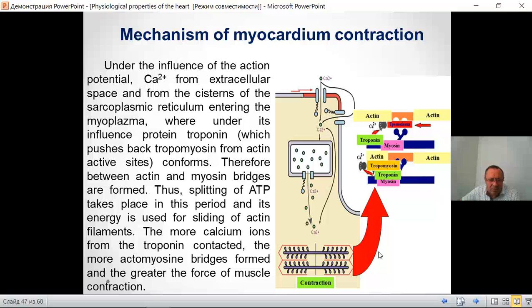Therefore, bridges are formed between actin and myosin. Thus, splitting of ATP takes place in these periods, and its energy is used for sliding of the actin filaments. The more calcium ions bound to troponin, the more actomyosin bridges are formed, and the greater the force of muscle contraction.